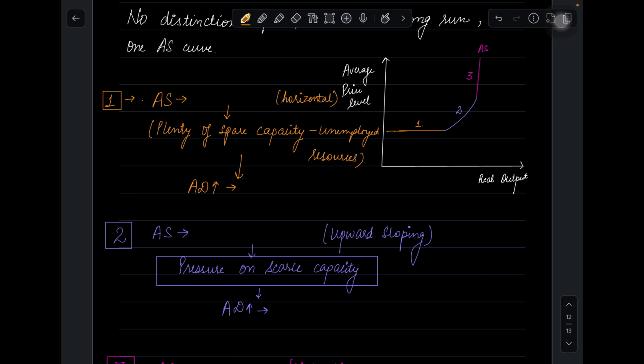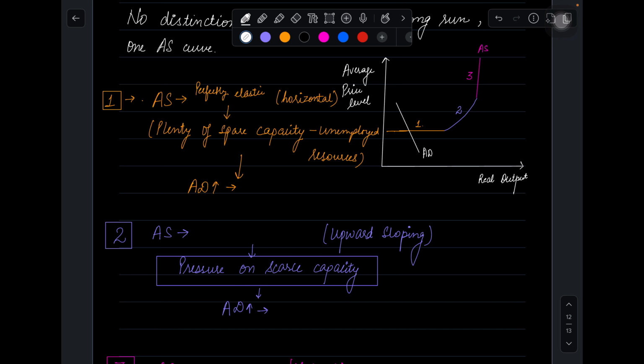That means the aggregate supply curve is perfectly elastic, which means this scenario happens when there is plenty of spare capacity left. There are so many unemployed resources, and in this case, let's suppose aggregate demand is here.